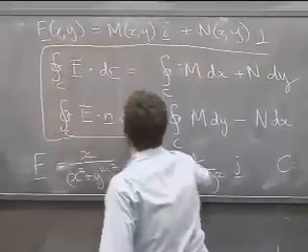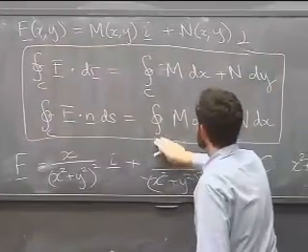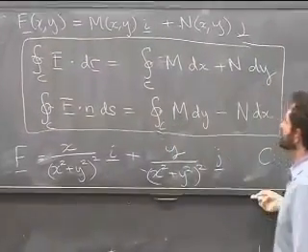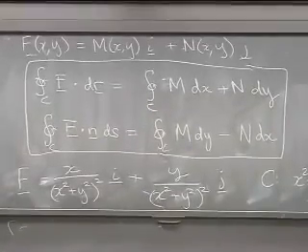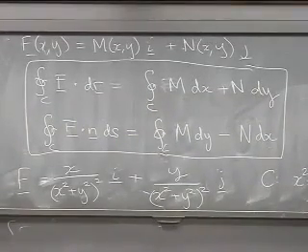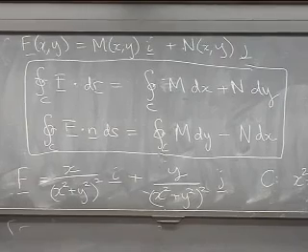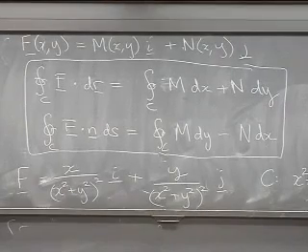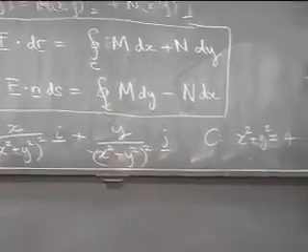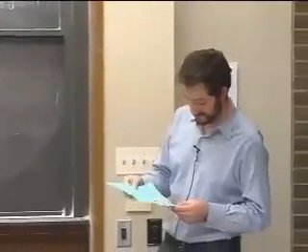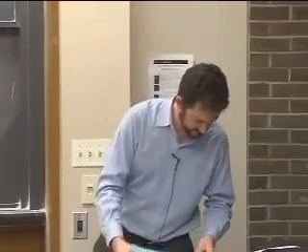So if there's any justice in the world, you end up with this. Now, does the book say N dx minus M dy? No, N dy minus... so I have it right, finally. Yes, I do have it right.